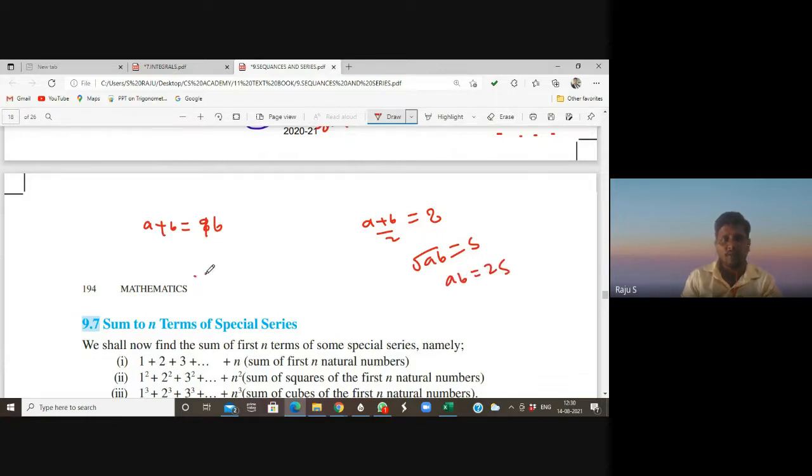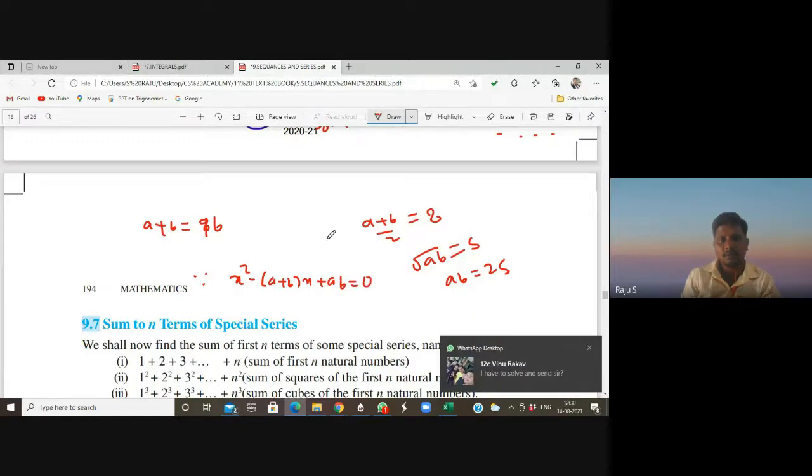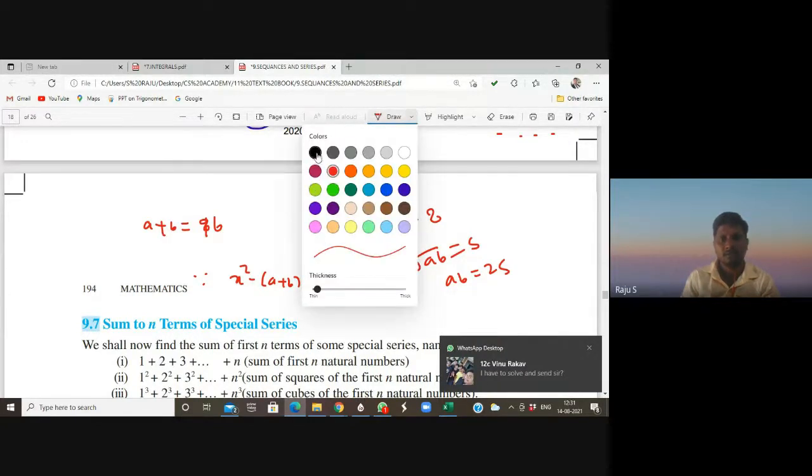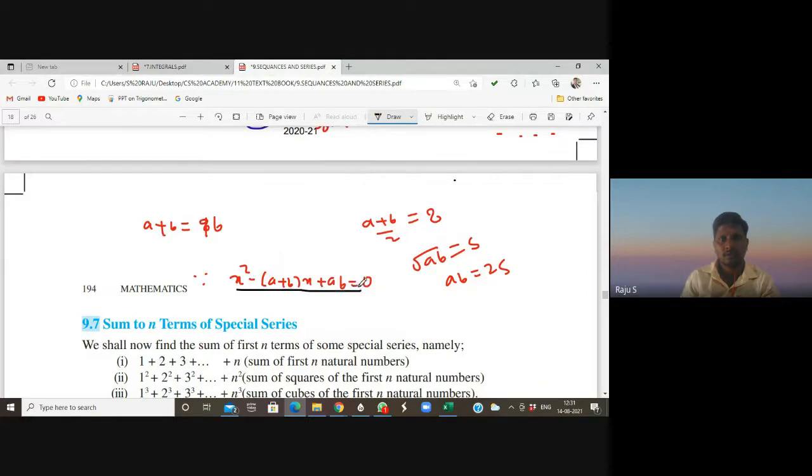We know that when A, B are the roots of the quadratic, it is x square minus (A plus B) x plus AB equal to 0. So x square minus 16x plus 25 is equal to 0. This is the answer.